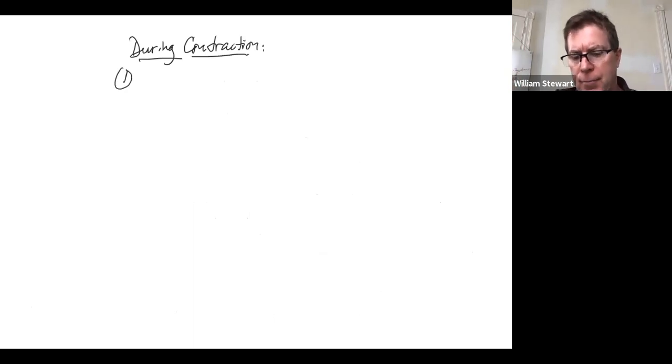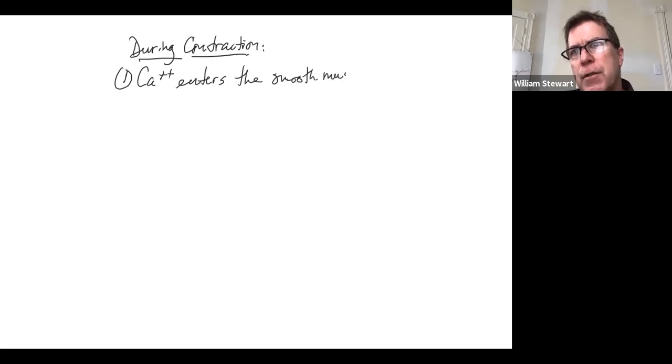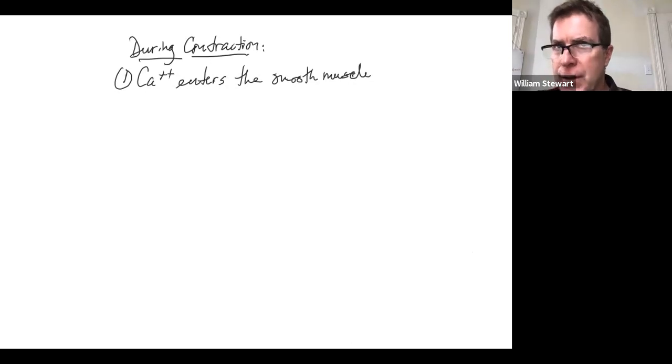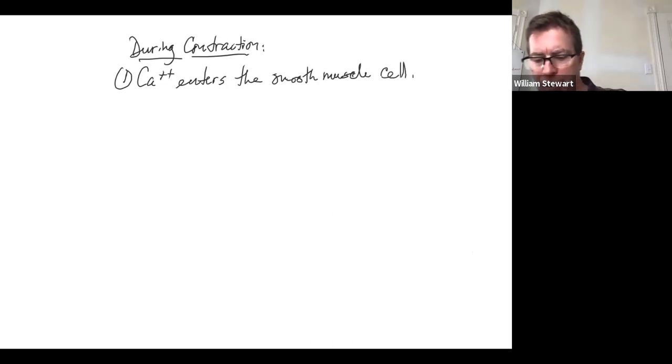First, calcium enters the smooth muscle cell. So let's just say an autonomic neuron has innervated a few of the cells in a smooth muscle sheet. Calcium enters the smooth muscle fiber cell. I'm writing cell, but it's also called a fiber.